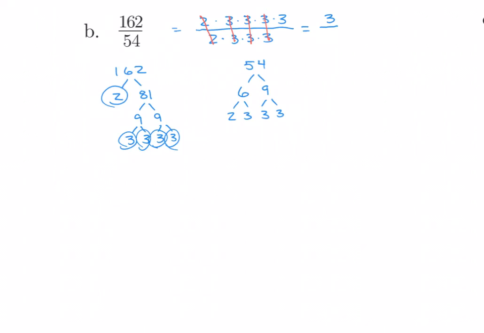So 2 divided by 2 is 1, 3 divided by 3 is 1, as is the other 3 divided by 3. And so what we actually have left over, if everything cancels, is a 1. From here, I can simplify this down to a whole number. 3 divided by 1 is 3.